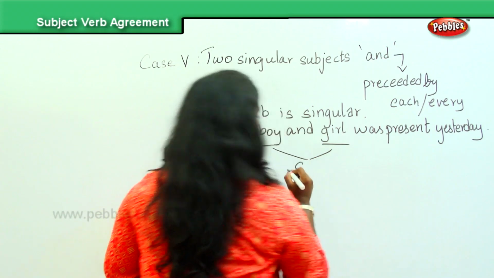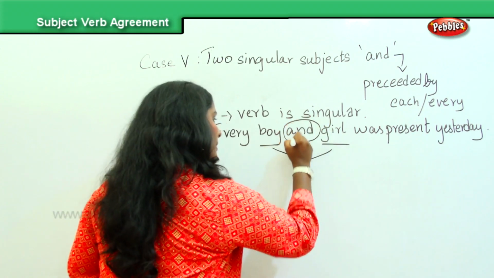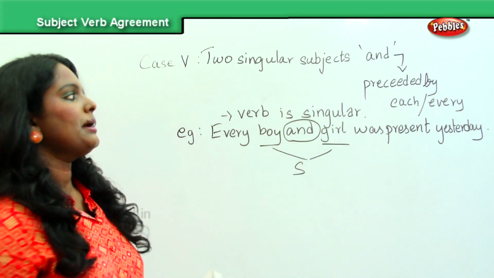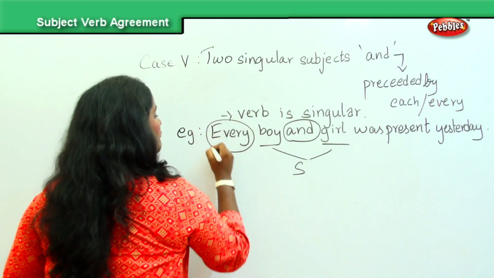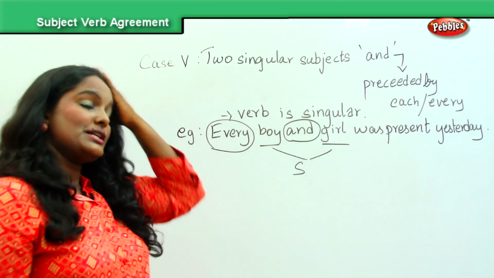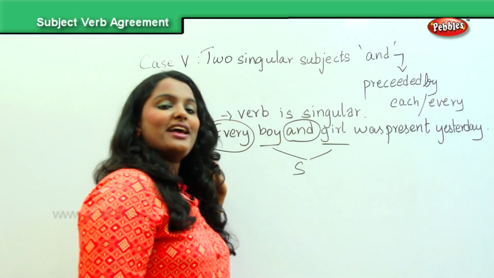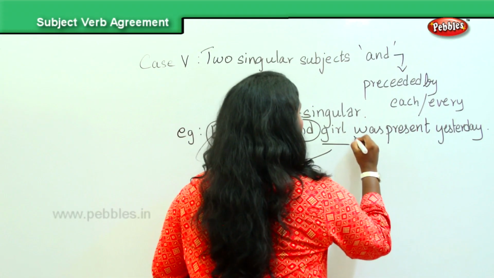They are the two singular subjects and they are joined with the conjunction and, but preceded by every. So as I said, preceded is the word that comes before, right? So preceded by every, then your verb would be singular.